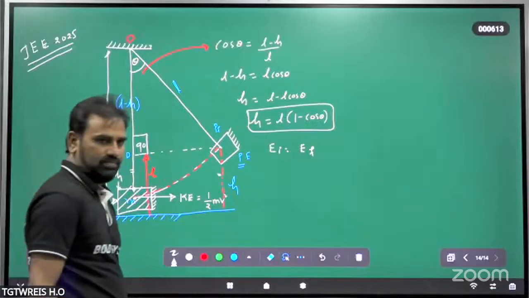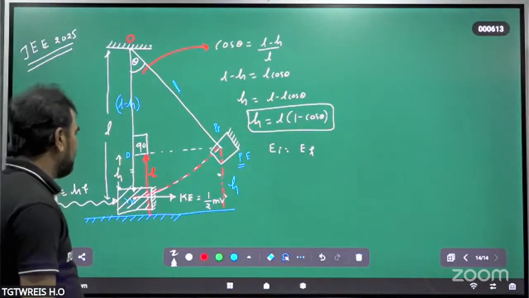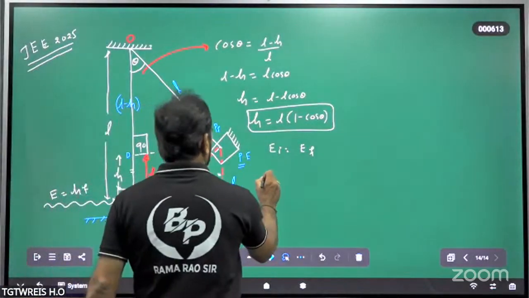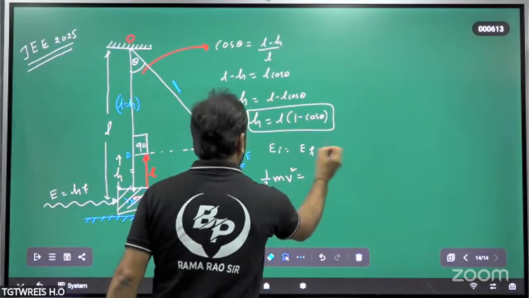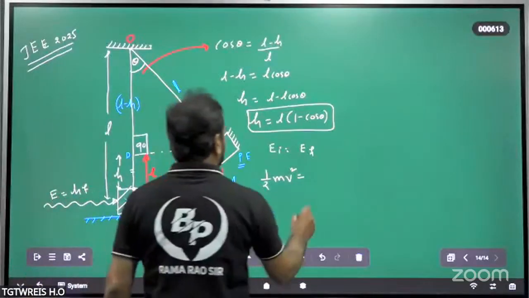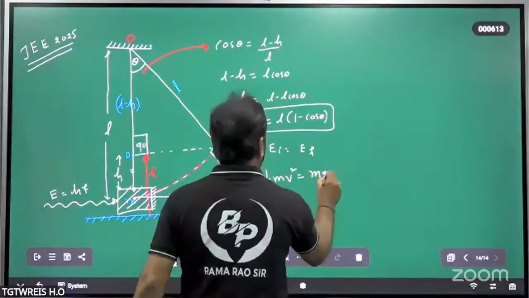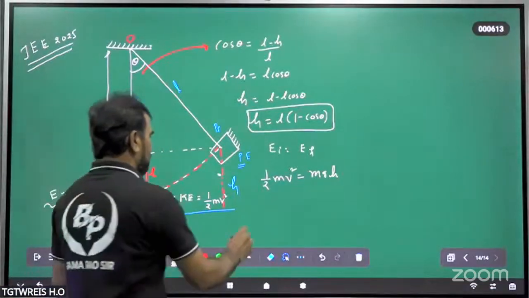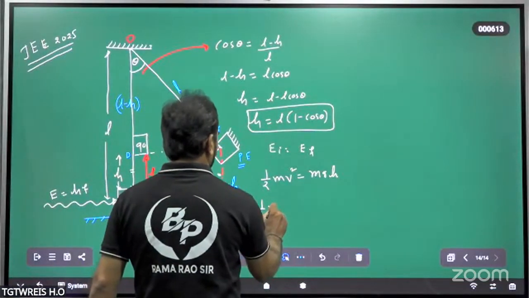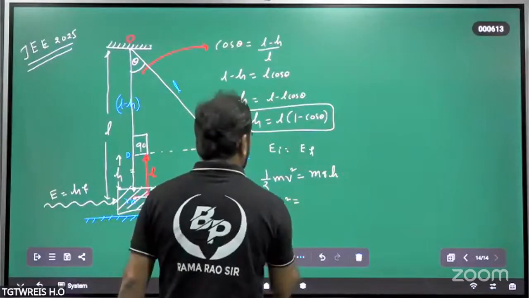Initially the mirror has only kinetic energy, half mv squared, and finally it has potential energy mgh. Therefore, half mv squared is equal to what?